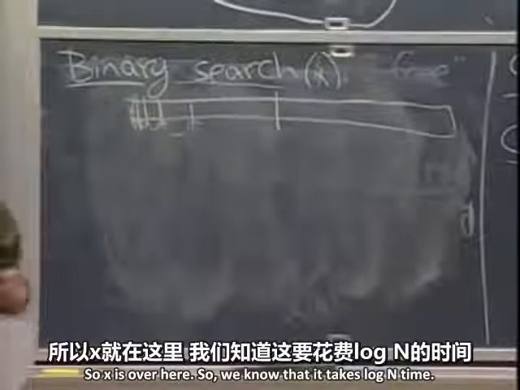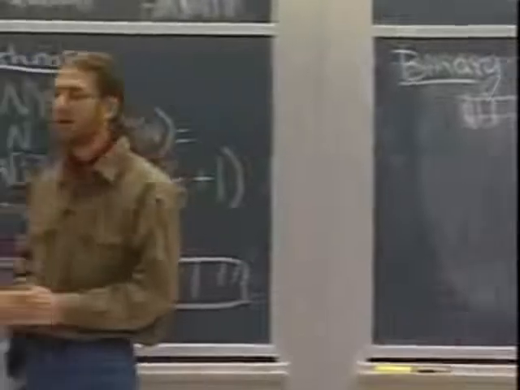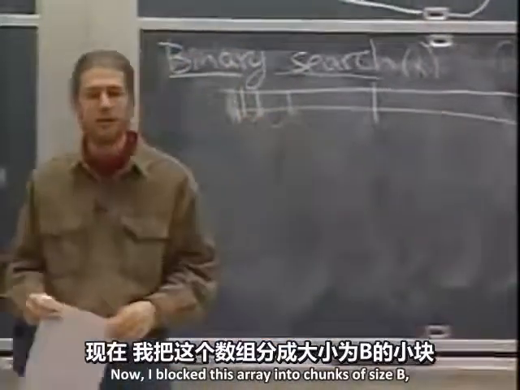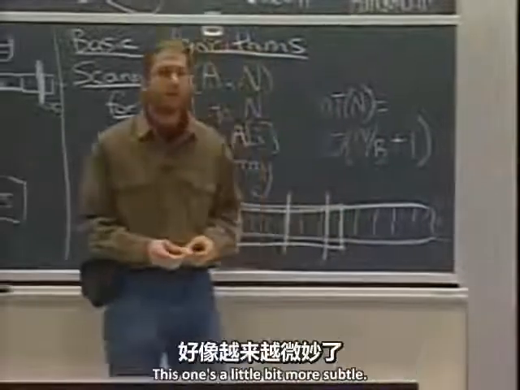So we know that takes log n time. How many memory transfers does it take? Now I've blocked this array into chunks of size B, blocks of size B. How many blocks do I touch? This one's a little bit more subtle.